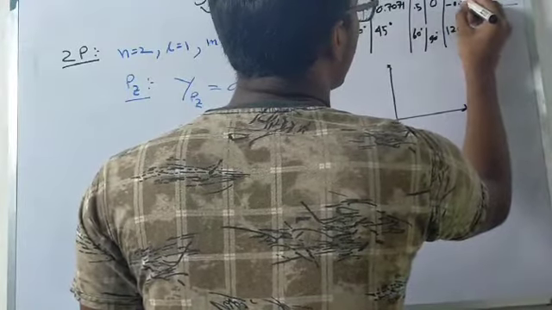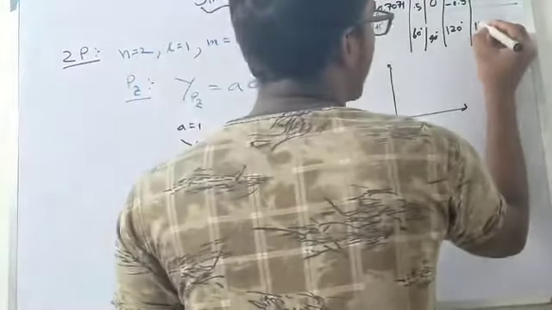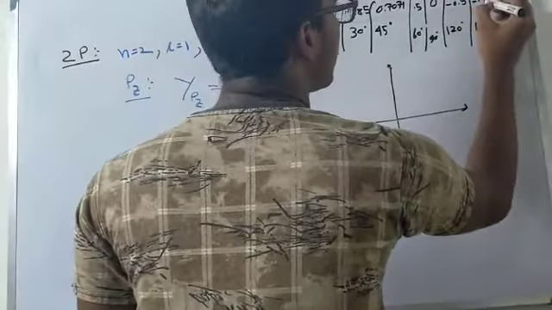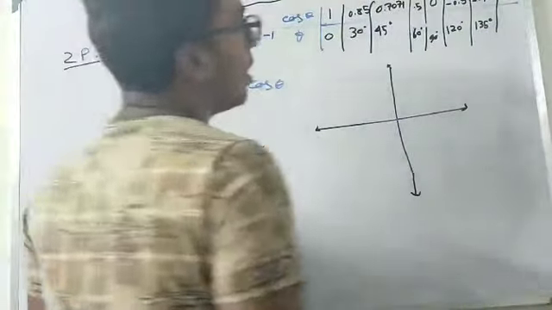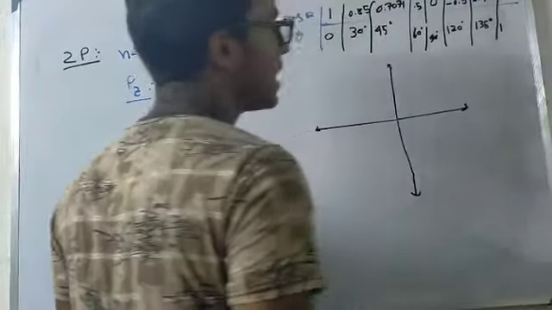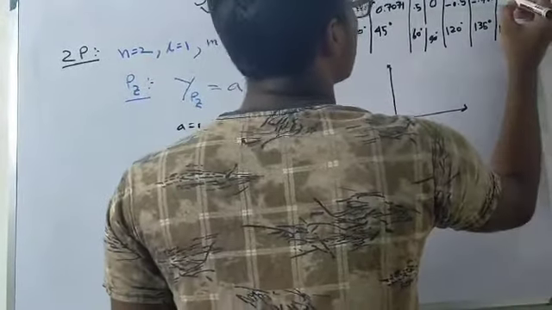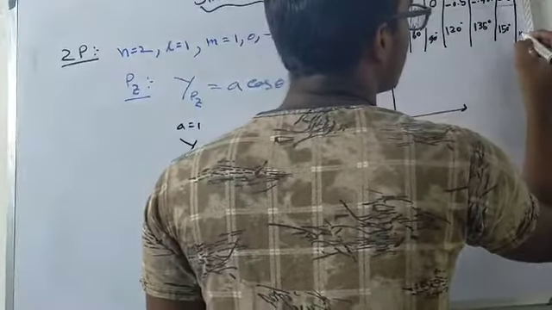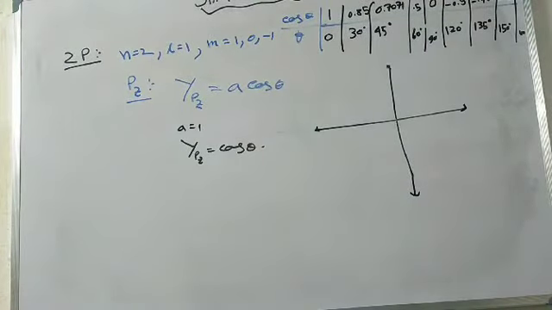At 135 degrees, the value is minus 0.707. At 150 degrees, the value is minus 0.85, just the reverse of these angles. And at 180 degrees, the value is minus 1.